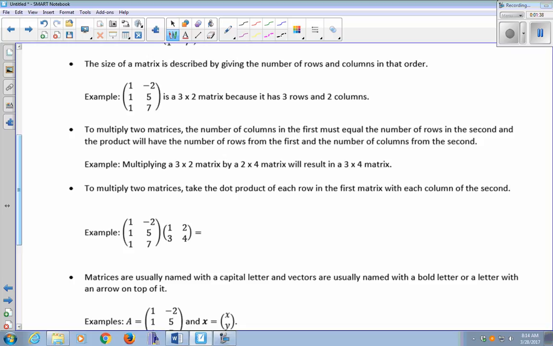To multiply 2 matrices, the number of columns in the first has to equal the number of rows in the second, and the product will have the number of rows from the first and the number of columns from the second. So that's sort of hard to remember, but if you write it out, a 3 by 2 times a 2 by 4, you can multiply 2 matrices together if their inner dimensions match.